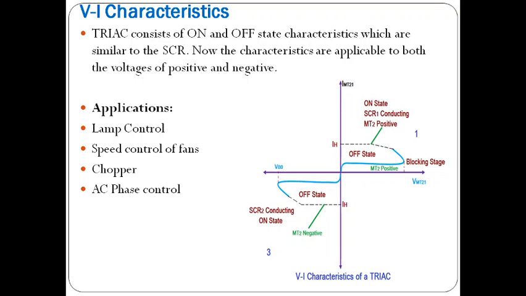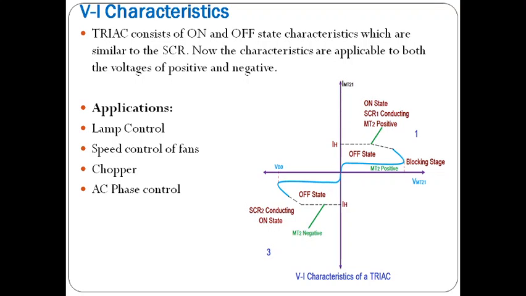So the characteristics of triac resemble the SCR characteristics. Why? Because the triac consists of two SCRs in anti-parallel. So we can observe these triac characteristics in quadrant 1 and 3.